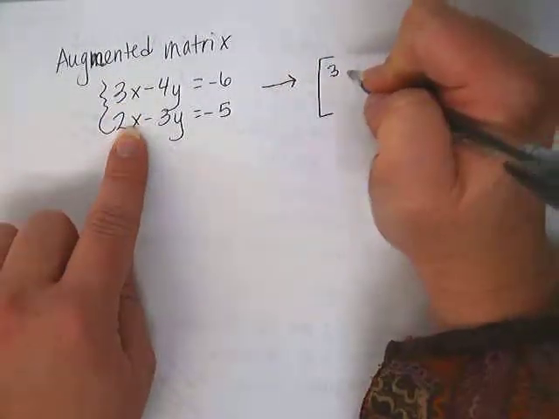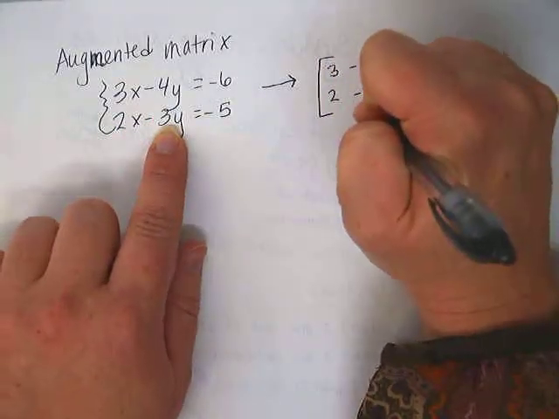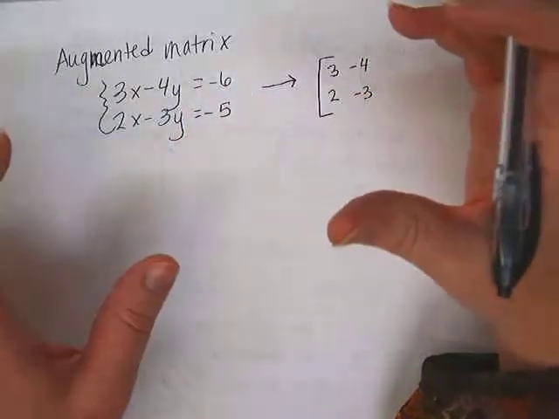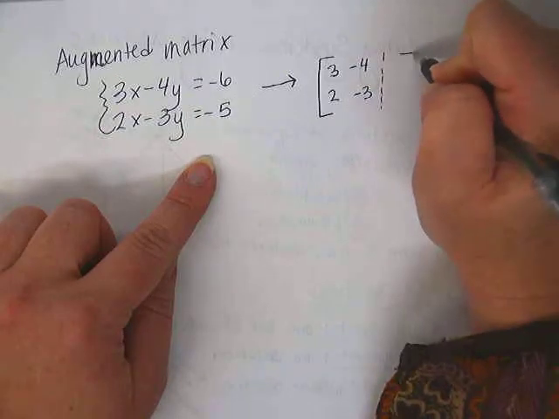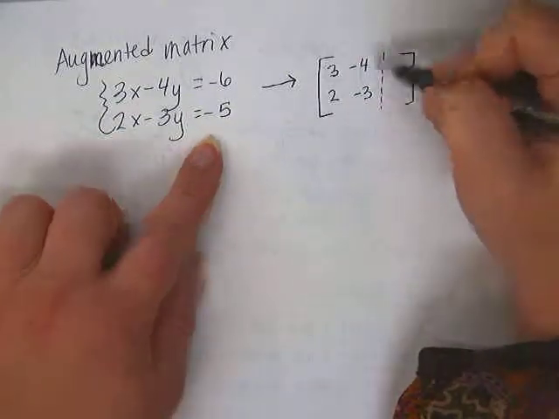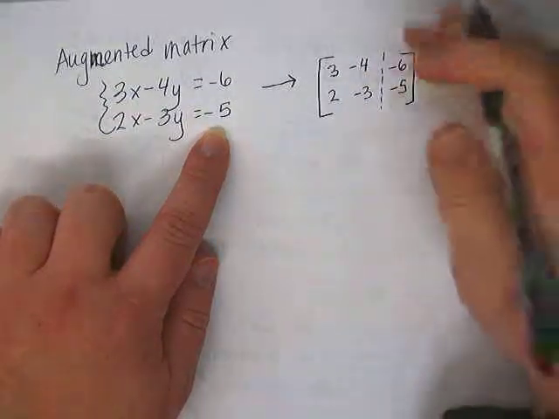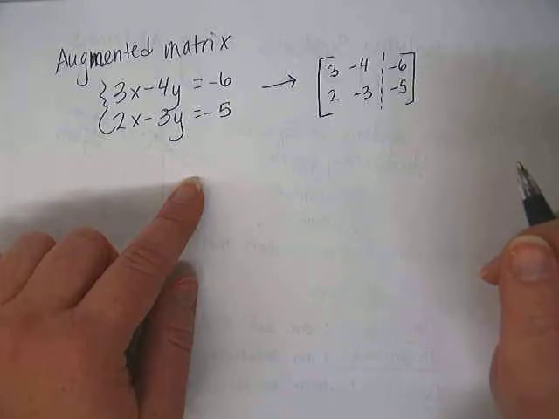So this coefficient is a 3, that one's a 2, coefficient -4, coefficient -3. Now technically, since there's an equal sign here, these shouldn't all be in the same matrix, so that's why we do what we call an augmented matrix. We put a dotted line there to indicate that that's where the equal sign is, and then we have this augmented part of our matrix here.